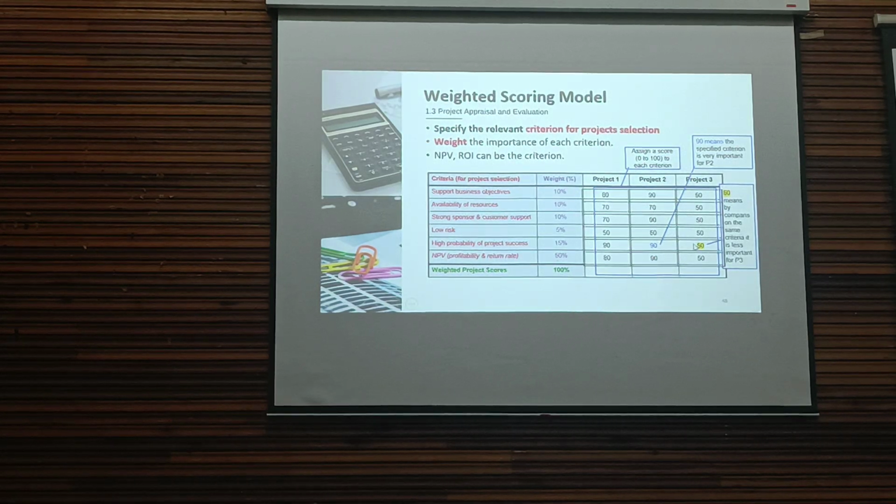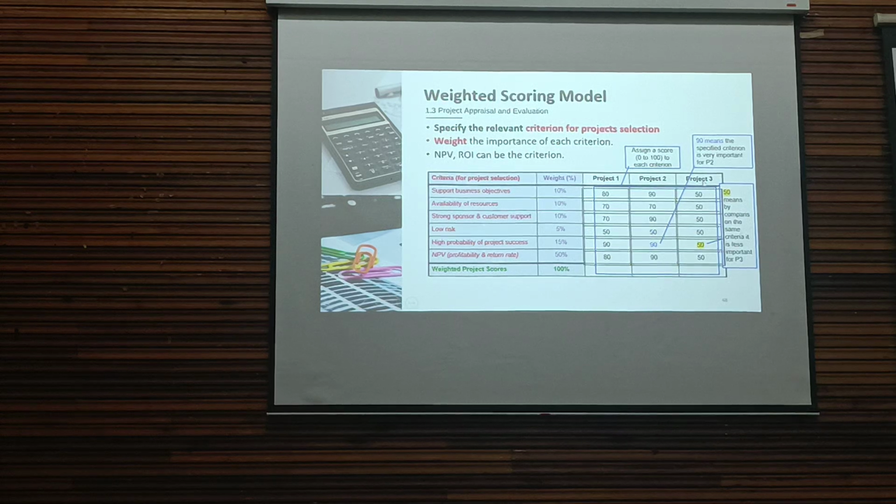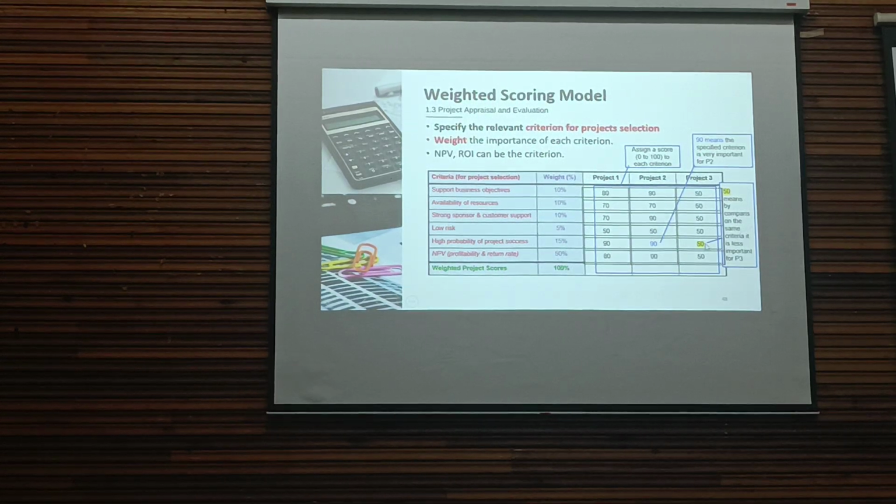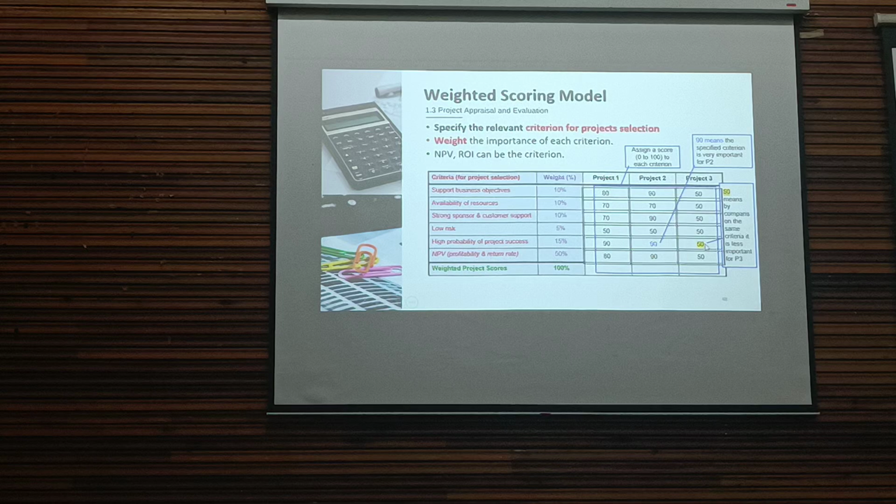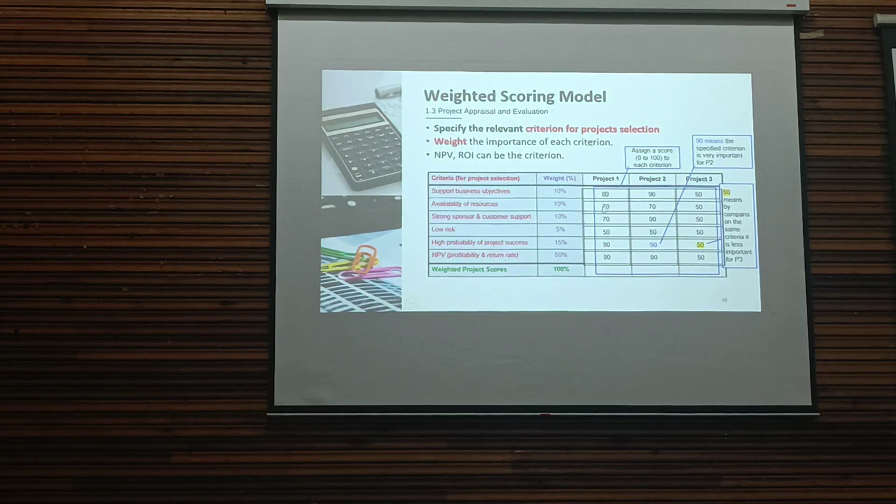For project 3, the same criterion is less important, so you give a smaller number. You assign a number for each criterion for each project.